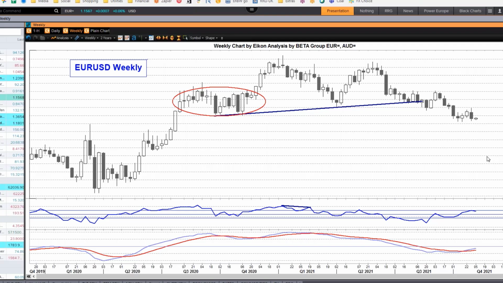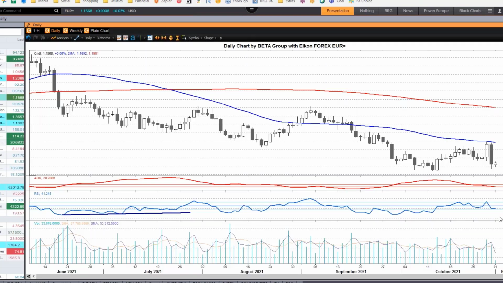The ultimate minimum price objective, which is measured from the head to the neckline downwards, is at 111. I know that's a long way away, and I'm talking about a long time away as well. But basically on the basis of that head and shoulders pattern, that's where we're headed, and then we pick up a considerable amount of support at the 110 level. But yeah, it looks pretty awful.